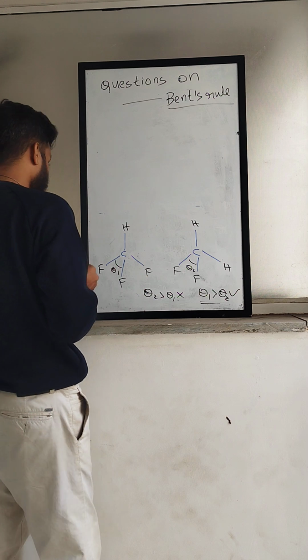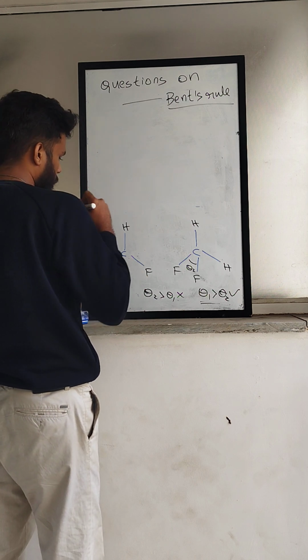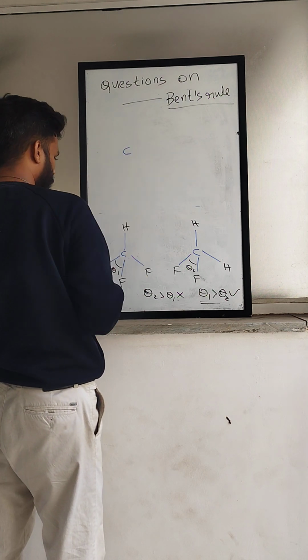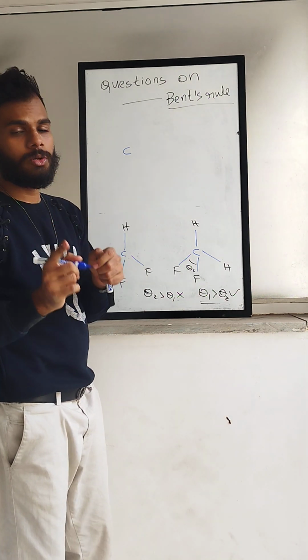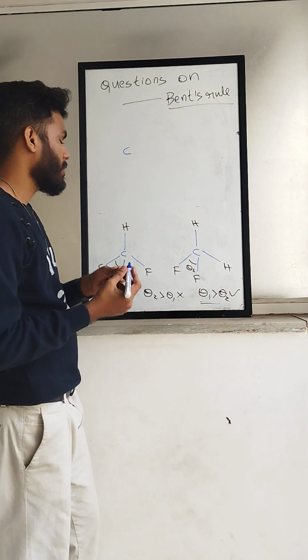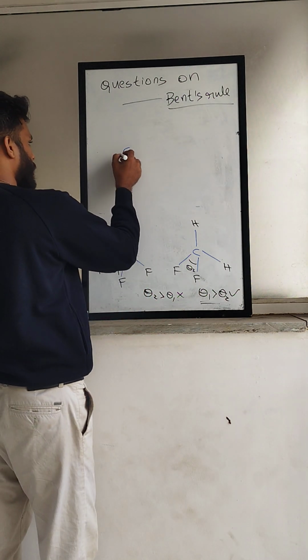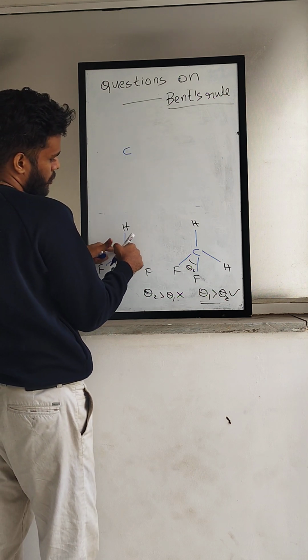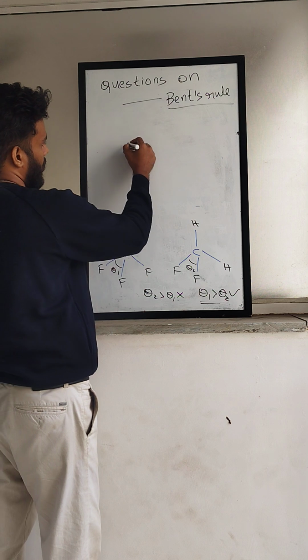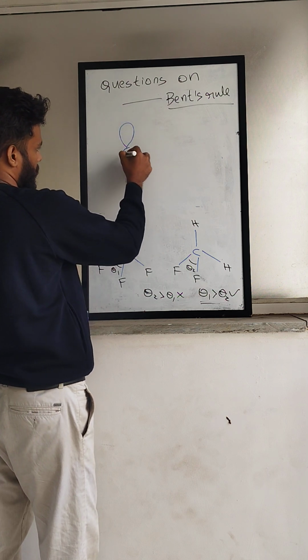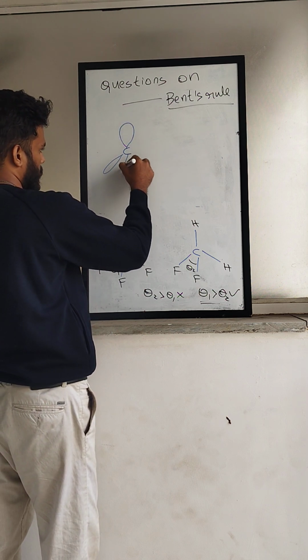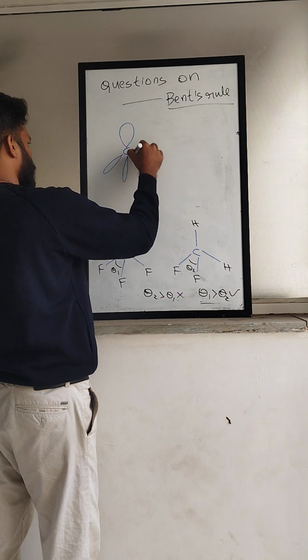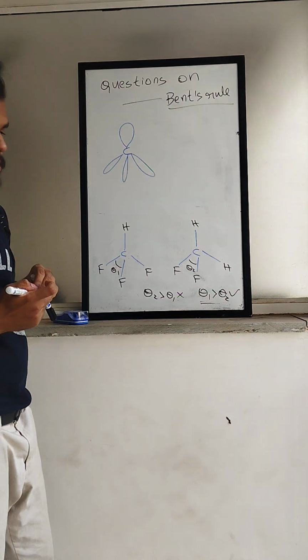Okay, I'll explain why. So look at here, you have carbon, right? Which is more electronegative, hydrogen or fluorine? Fluorine is the most electronegative element. So fluorine will take the orbitals with less percentage s character, and hydrogen's orbital will be bulkier and the fluorine's orbitals will be slender. Correct?